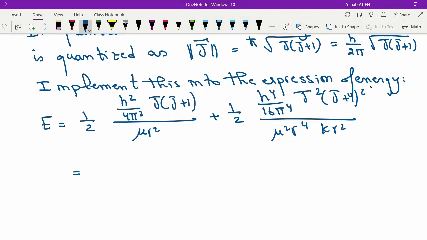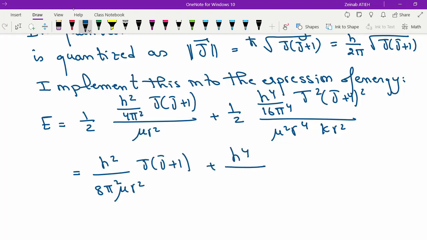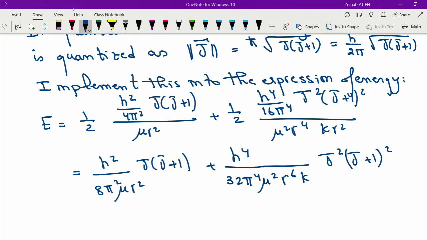So this is equal to h squared over 8 pi squared mu r squared J plus 1 plus h to the power 4 over 32 pi to the power 4 mu squared r to the power 6 k J squared J plus 1 squared.